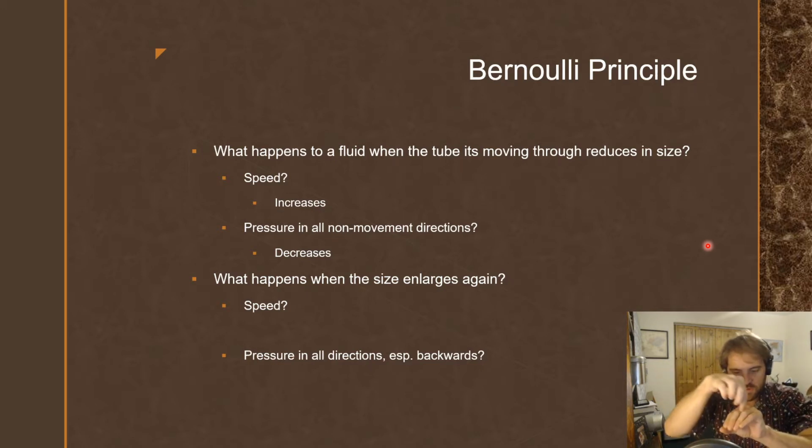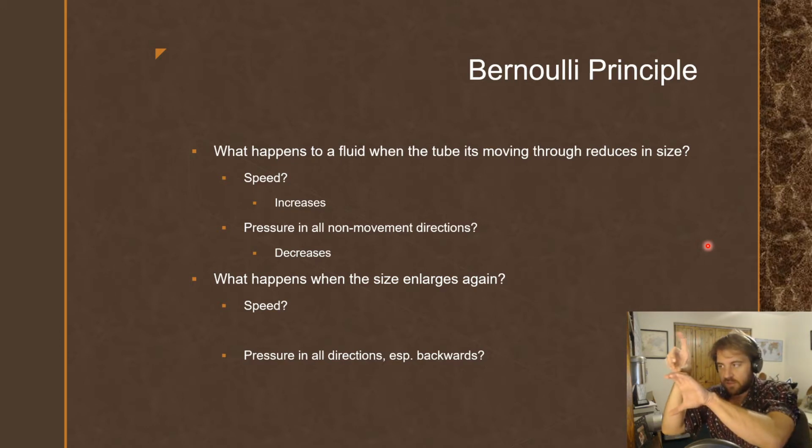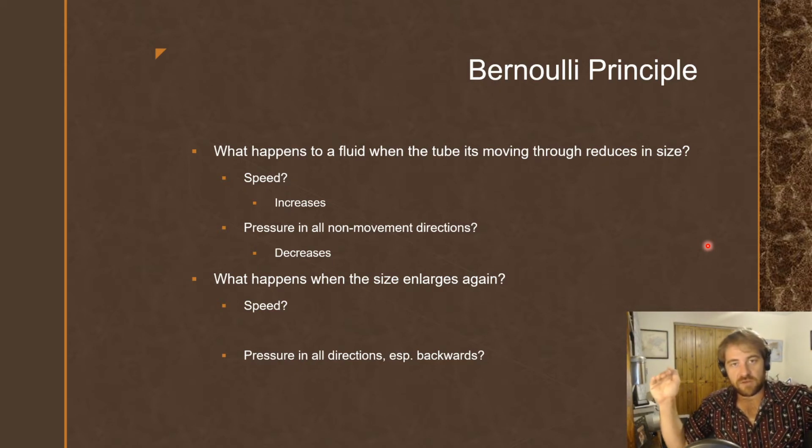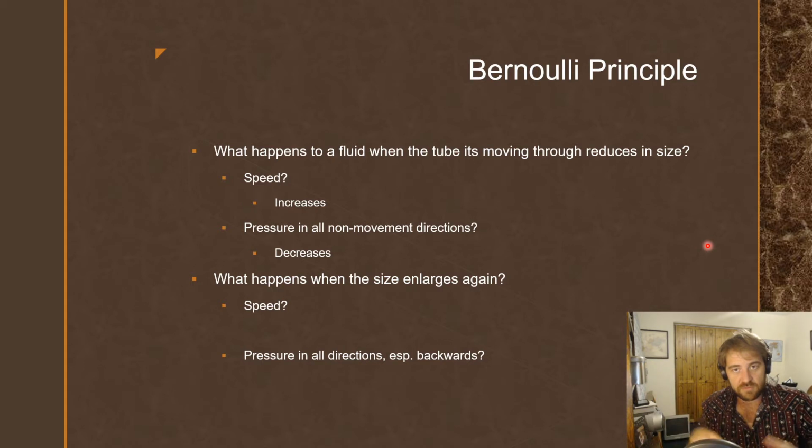Then there's a constriction, you have a little straw, and you're gauging the level there as well, and then it comes up, and you can gauge the level after the constriction as well. The level of the water at the constriction is going to be way lower than in the other 2 sides. And that's because the pressure in all the other directions that is not the movement direction is lower. Because all of that pressure is going towards moving through the constriction.